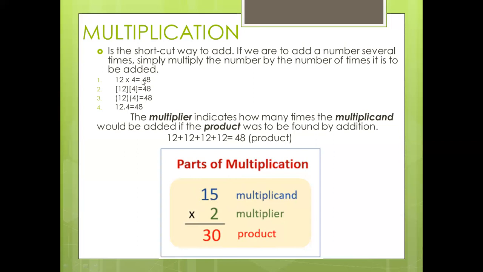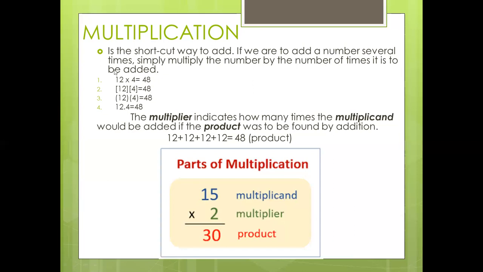So let's go to this example. We have 12 and 4. So 12 times 4 is 48. As you can see in these 4 examples, these are the symbols used to indicate multiplication.